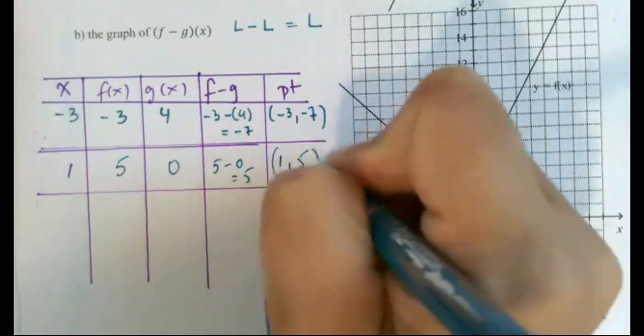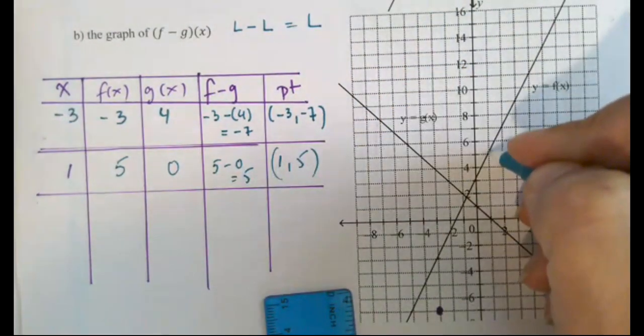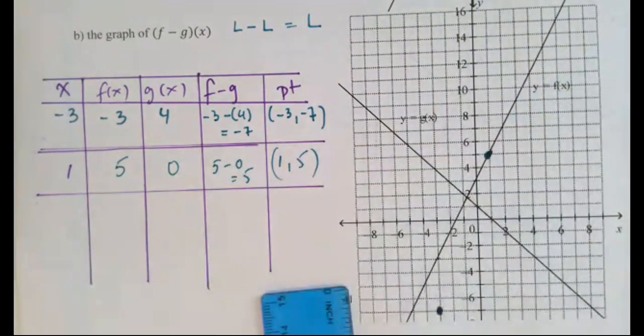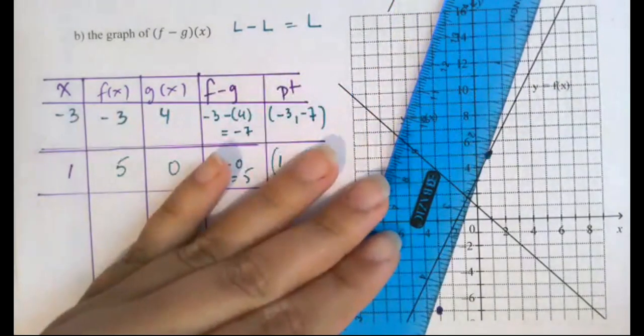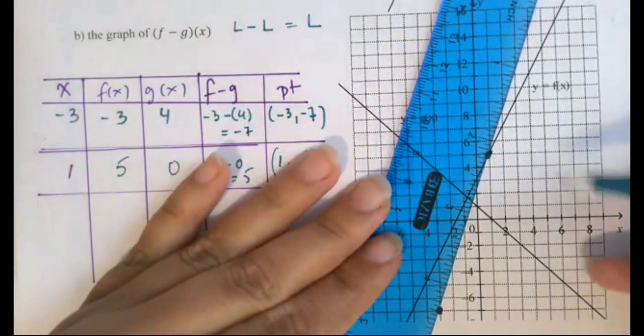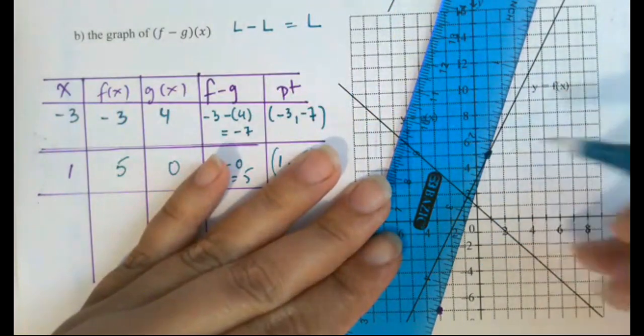So (1, 5). Since it's going to be a linear function, our graph might look like that. We just need maybe an extra 1 or 2 points to confirm they're collinear.